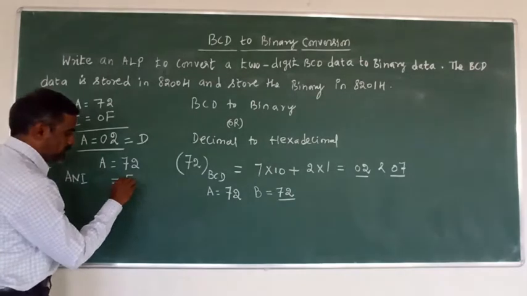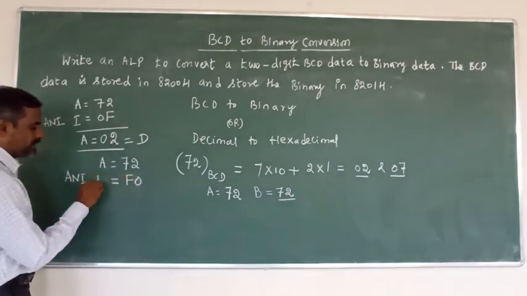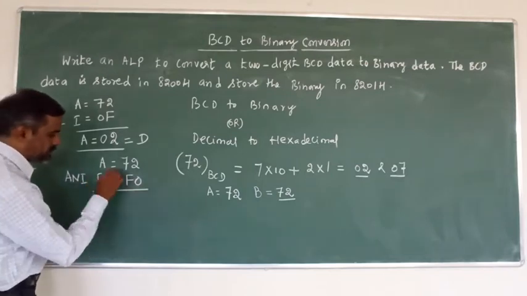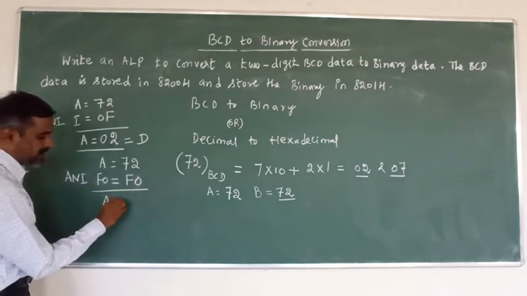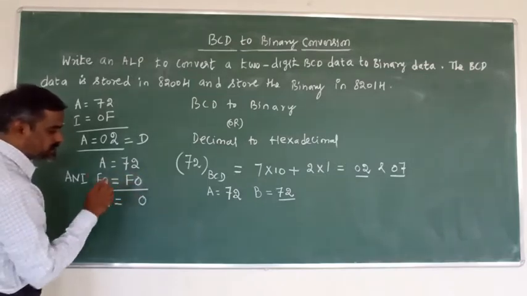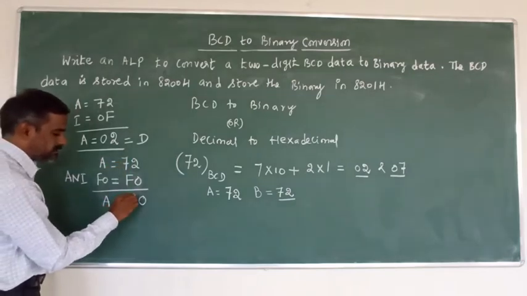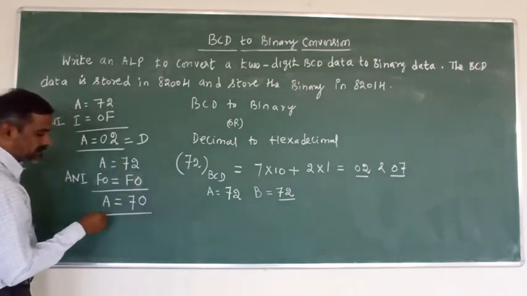For that, we can logically AND with F0. After the logical AND, the LSB 4 bits are 0 and the MSB 4 bits keep whatever data they had, and that will be reflected in the accumulator.